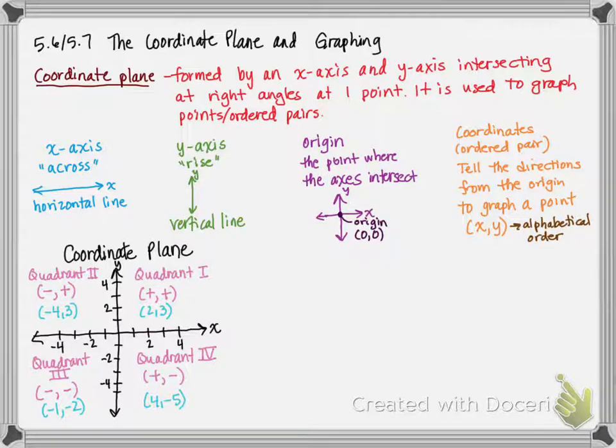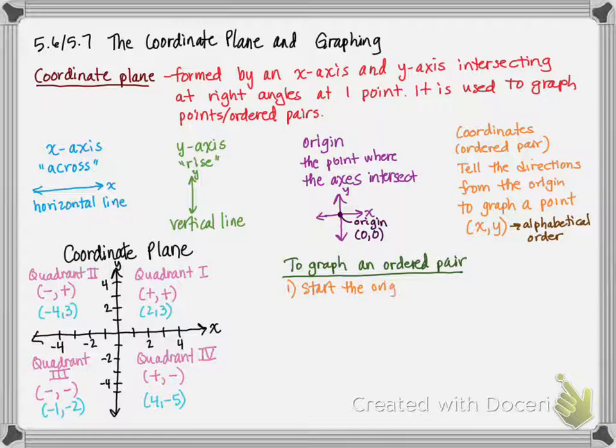Okay, so let's talk about the business of graphing. What does that look like? So to graph an ordered pair, or you could even say point, we have a couple of things we're going to do. So number 1, and I mentioned it, start at the origin.